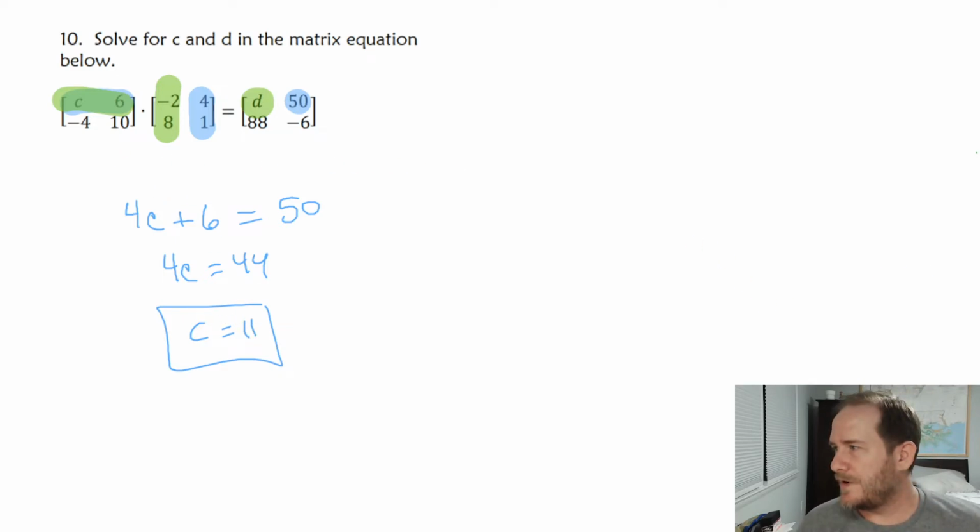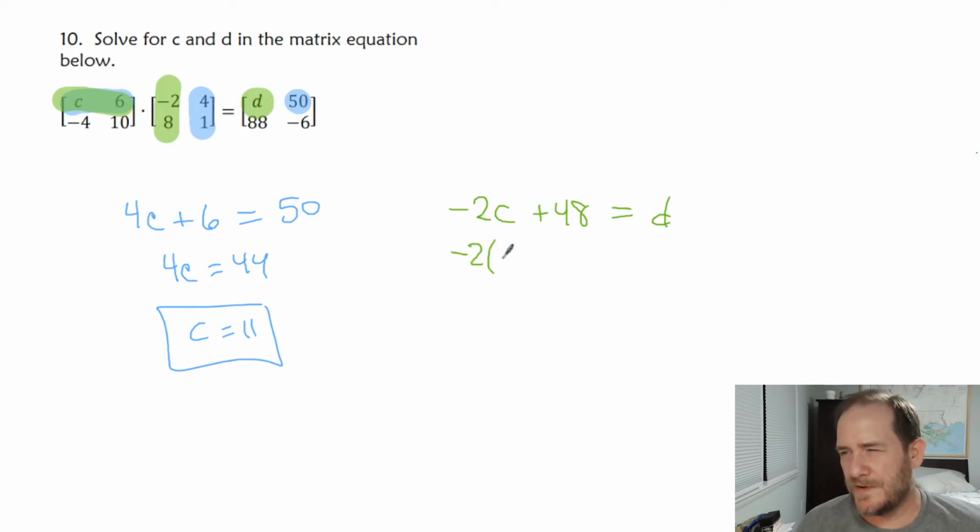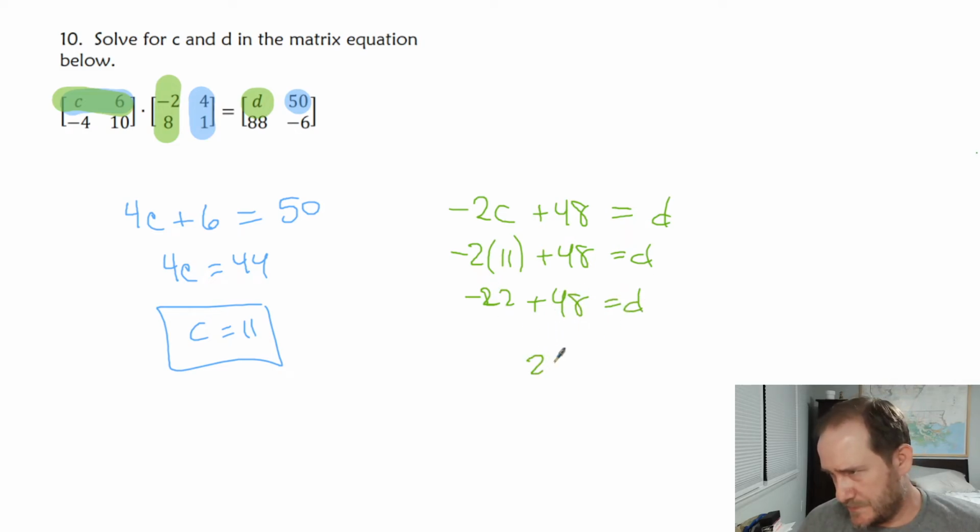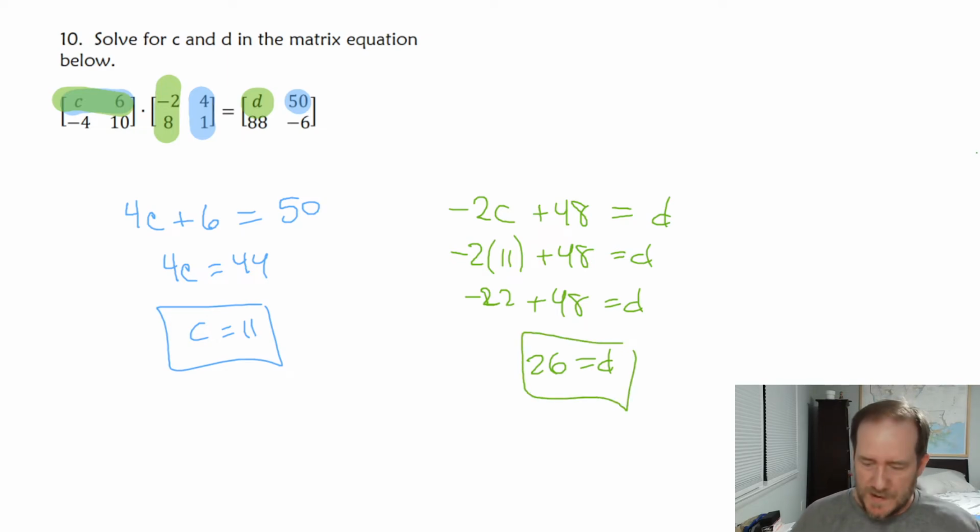So we can now write an equation where C times negative 2, or negative 2C, plus 48 equals D. But we know C. C is 11. So negative 22 plus 48 equals D. Taking 22 away from 48 would leave 26. Yeah, that's it. So that's a little different from the way we solved matrices before.